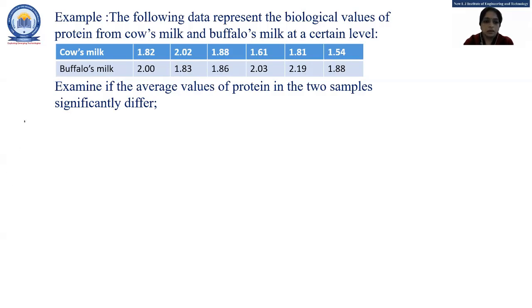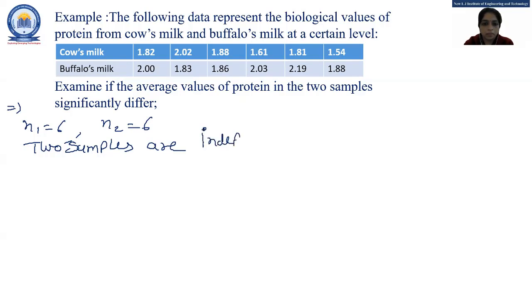And as per the given data, N1 is 6, and N2 is also 6, so the 2 samples are independent, right? So N1 equal to N2 equal to N equal to 6.